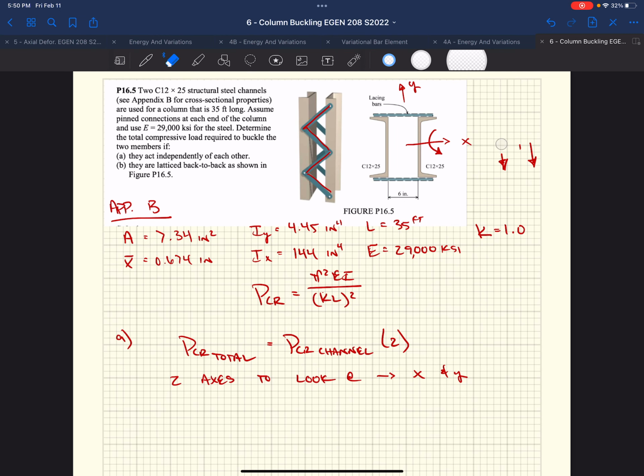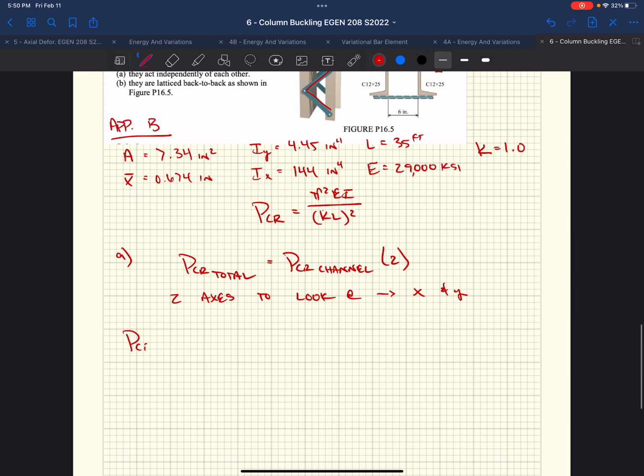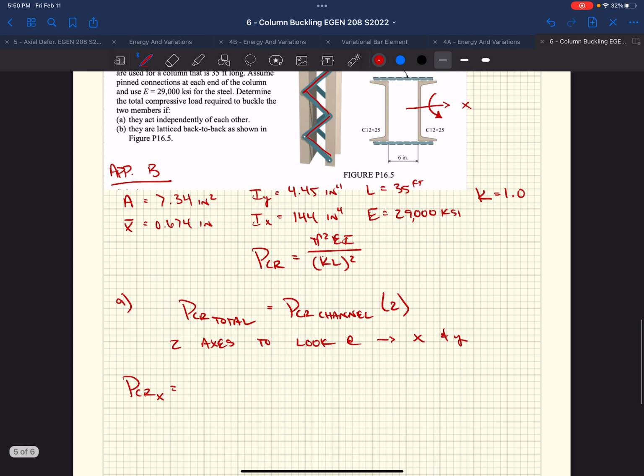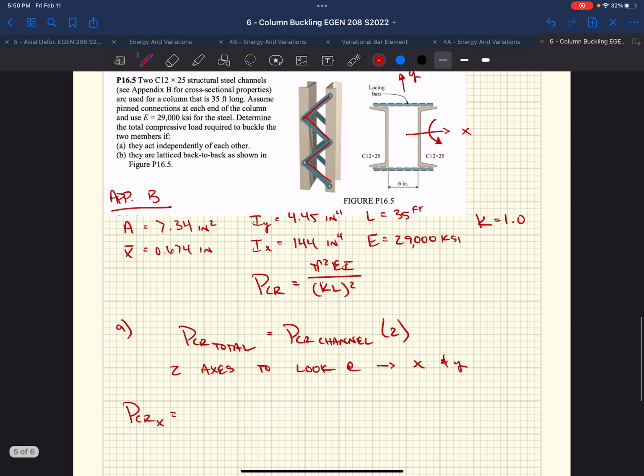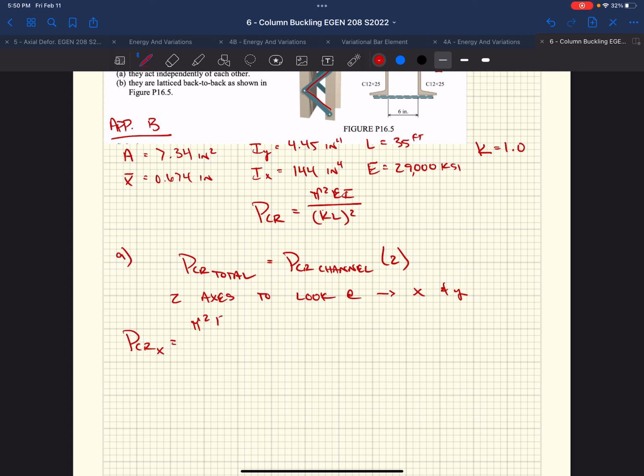So let's look at the critical buckling load of buckling about the X-axis, right? So rotating about the X-axis or moving in the Y direction. So we have pi squared EI in the X direction now, and we have KLX, right, squared.